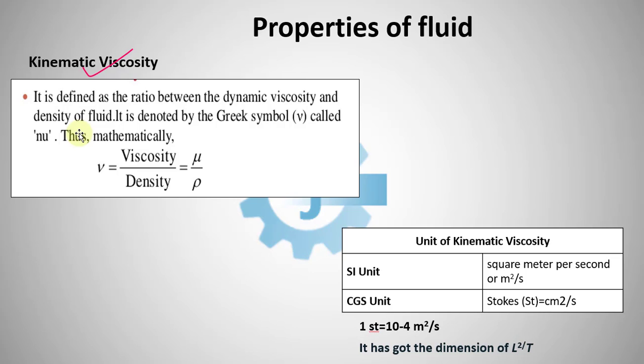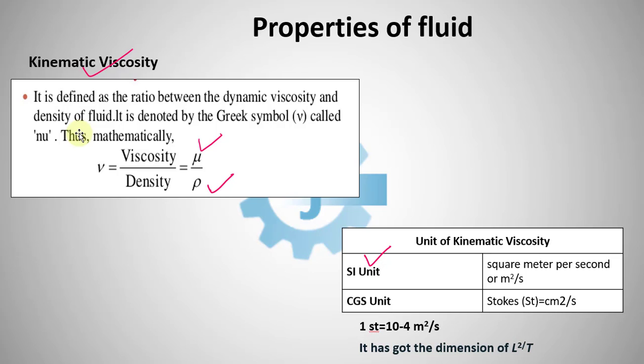Mathematically we can write nu equals mu by rho, that is viscosity divided by density. Now what is the unit of kinematic viscosity? The unit of kinematic viscosity in SI is meter square per second, and in CGS it is Stokes. Stokes means centimeter square per second. Now 1 Stoke equals 10 to the power minus 4 meter square per second.